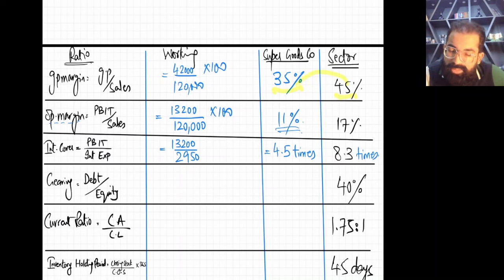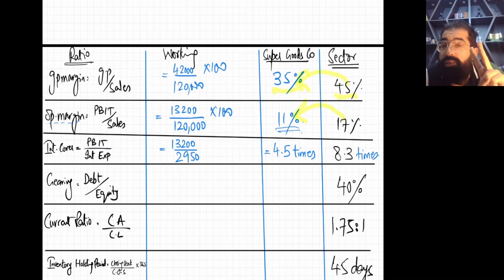As our GP margin is low, obviously our operating margin will be low. Operating profit follows the trend of GP. When your GP is low, automatically your operating profit will be low.